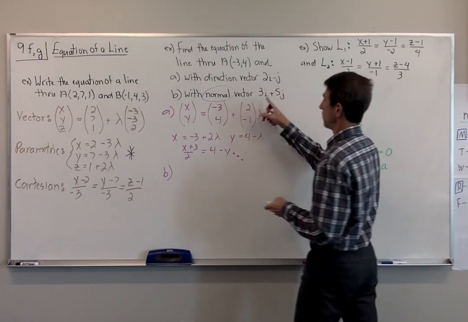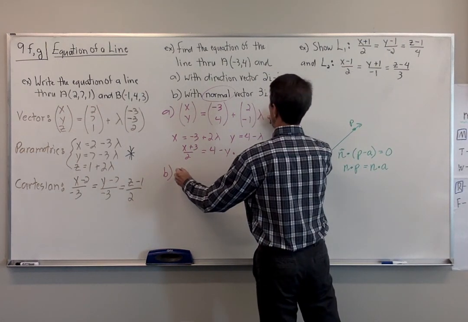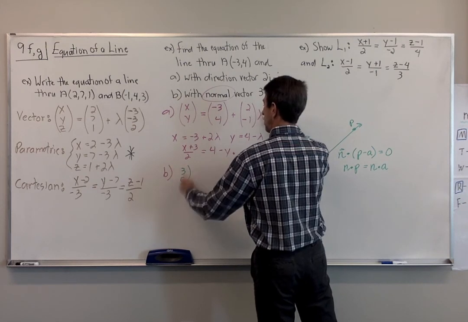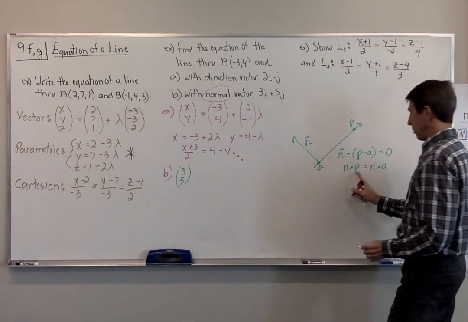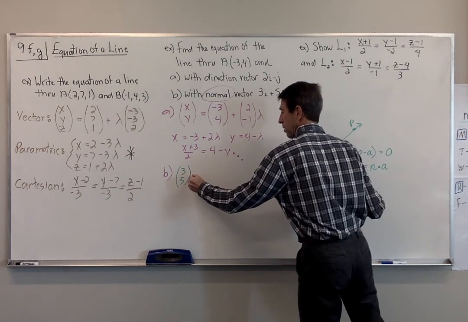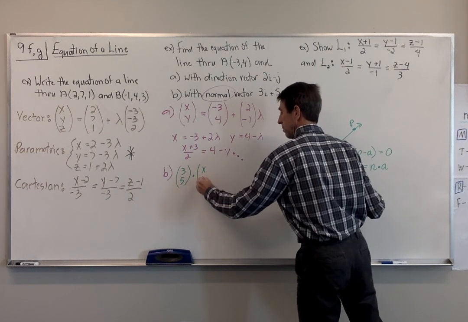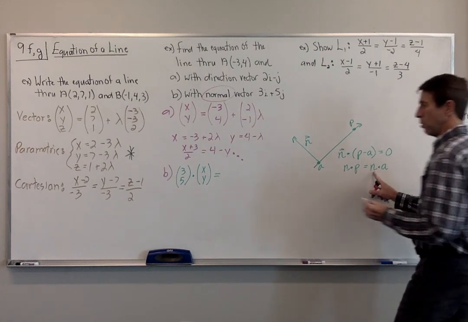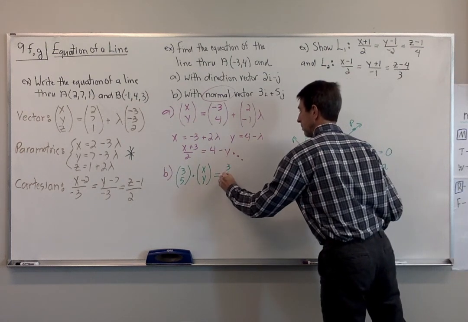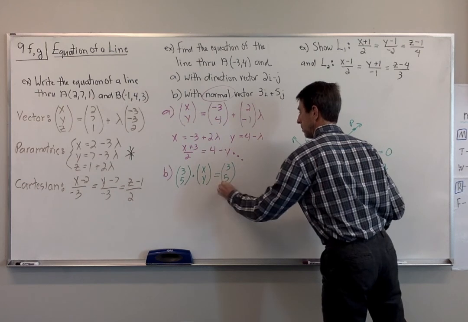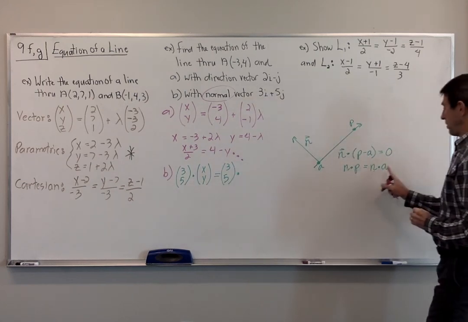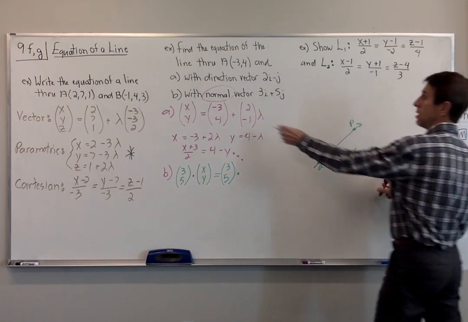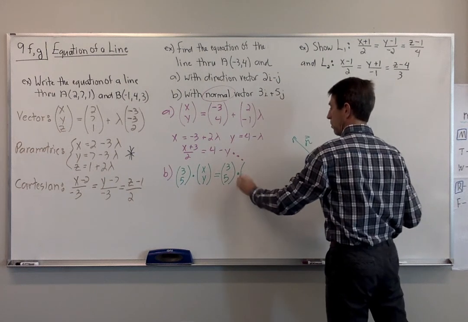Here's my normal, (3, 5). Want the dot product along with my unknown point P would have to equal the normal, here we have a dot product of the A that's given, which is (-3, 4).